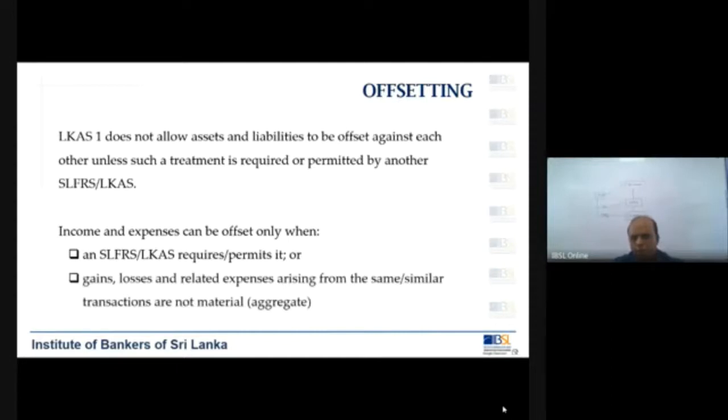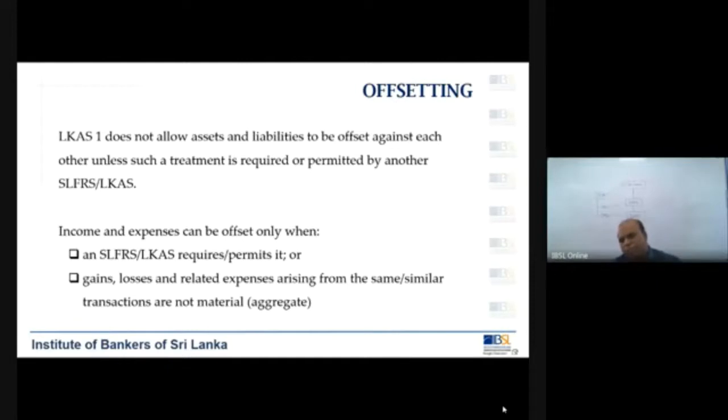Now, there could be instances where the standard will permit that. Then, of course, you can do it. Say, for example, now since we have learned, you are disposing an asset. Let's say you have two assets, asset A and asset B. When you dispose asset A, that is a fixed asset, you get a profit of 50,000.